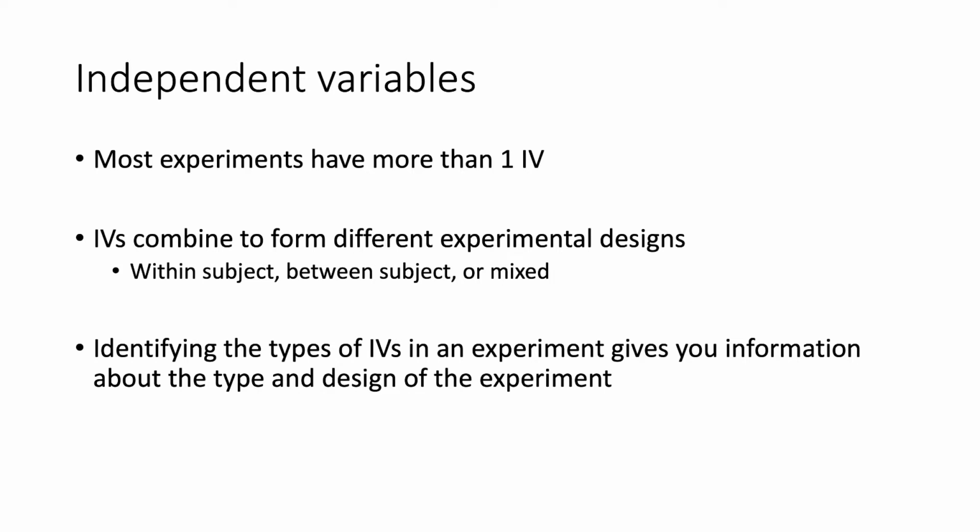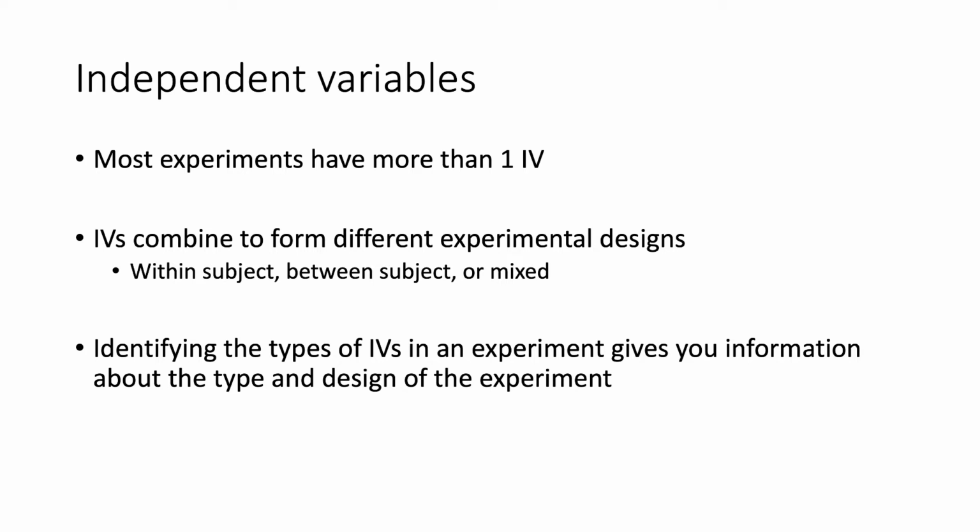Now, independent variables are important to identify, and it's also important to be aware that most studies have more than one independent variable, right? And that they're combined to make an incredibly large variety of different experiments. There are some common ones, but generally speaking, you would be combining within subject and between subject variables. You could have a purely within subject design.